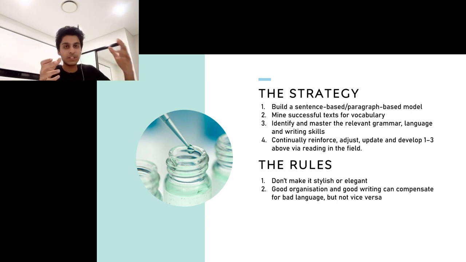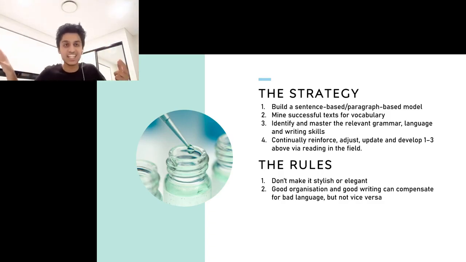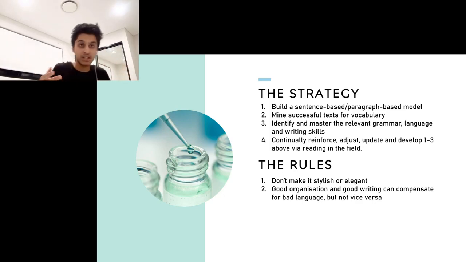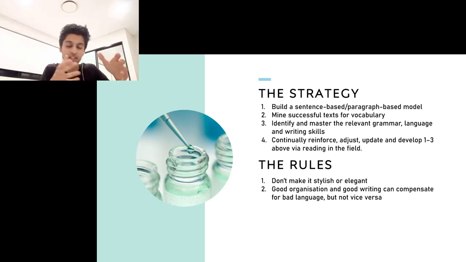Because sometimes what we do is that, let's say I have the word framework, and then I start a sentence and say this framework was blah blah blah, and then in the next sentence, when I want to refer to that framework, I'll be like, let's make it stylish and elegant and use another word. And I say, instead of this framework, this model. And although I think I'm making it sound like, oh look, I'm so smart, you know what this does? It is very counterproductive.